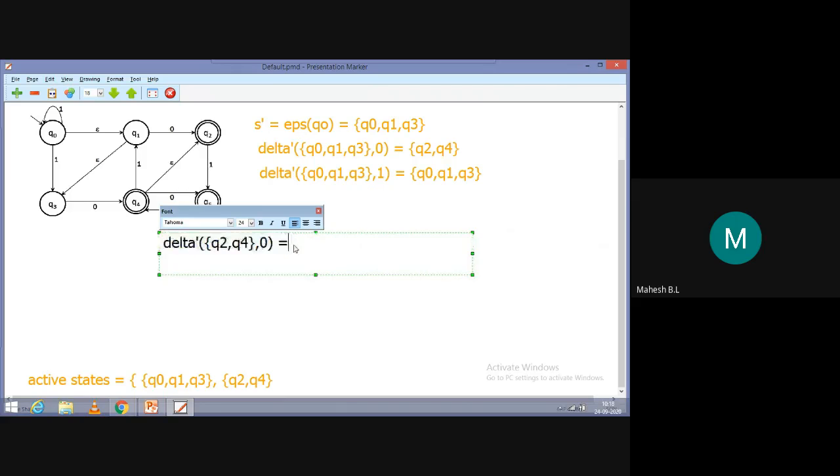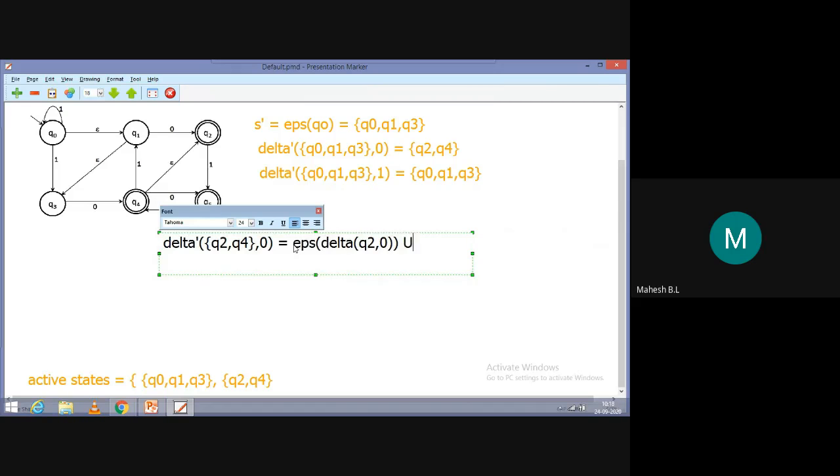So what is the formula? It is nothing but epsilon of delta. You can use the symbol delta; I'm not having that symbol here in this editor, that's why I'm writing delta. Actually, you need to write that symbol itself.